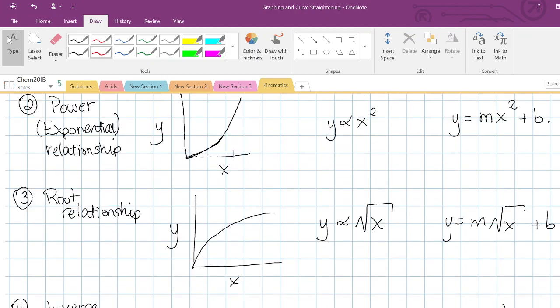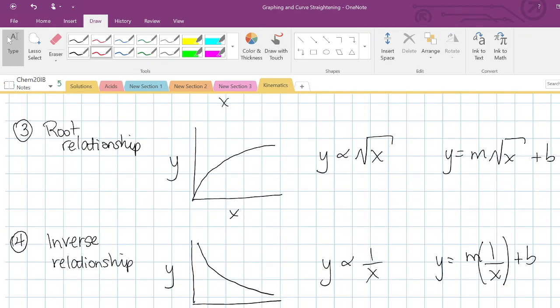The third relationship that we'll look at is a root relationship. And in a root relationship, it's also a curved line. The difference being that instead of it curving upwards like it did in our power or exponential relationship, our root relationship starts with a very steep slope.